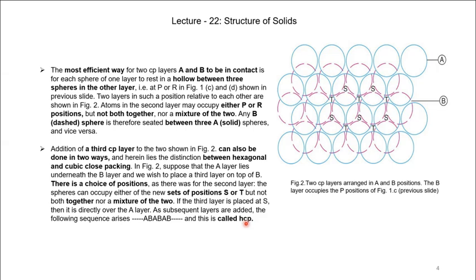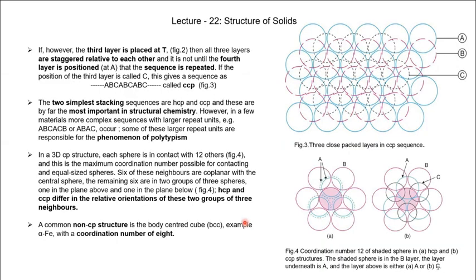Then what is the cubic close packing? Now we have an arrangement where it will take T of figure 2 and then place a sphere layer. We will see that it is not exactly like A; it is another arrangement, which is C. So this layer is C, this layer is B, and this layer is A, and we continue like this.